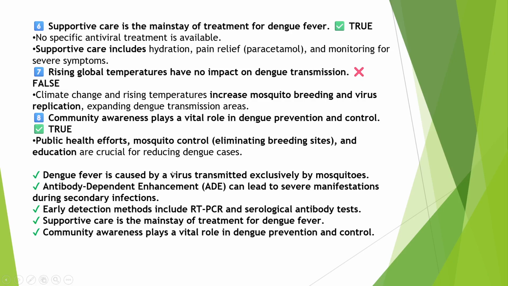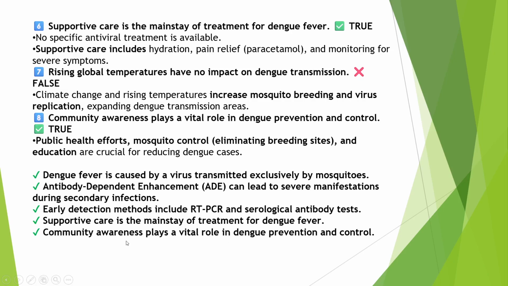So, dengue fever is caused by a virus transmitted exclusively by mosquitoes. Yes. Antibody dependent enhancement can lead to severe manifestations during secondary infections. Yes, and early detection methods include RT-PCR and serological antibody tests. Yes, and supportive care is the mainstay for treatment of dengue fever.